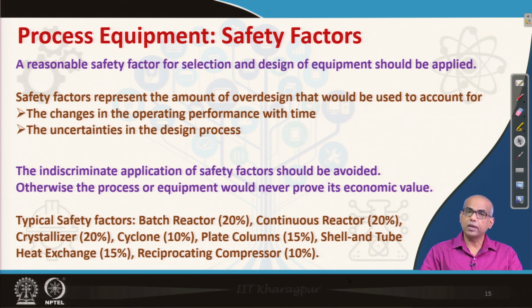Some typical safety factors are given here: batch reactor 20%, continuous reactor 20%, crystallizer 20%, cyclone 10%, plate columns 15%, shell and tube heat exchanger 15%, reciprocating compressor 10%, and so on. So, typically the safety factors lie between 10 to 20%.